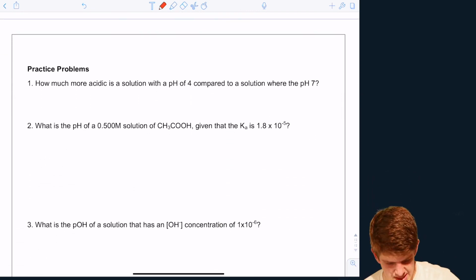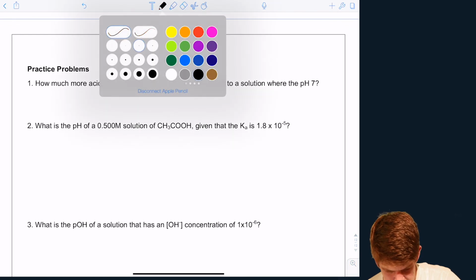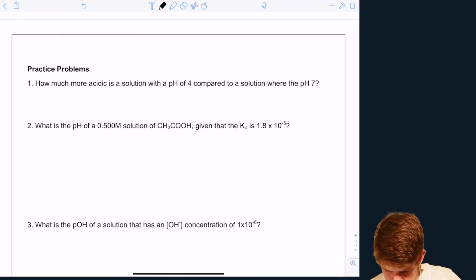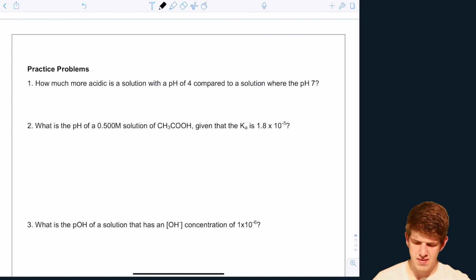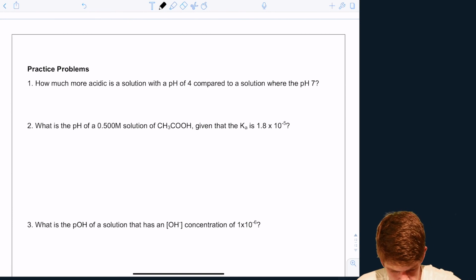How much more acidic is a solution with a pH of 4 compared to a solution where the pH is 7? So for this, what is our actual concentration of H plus ions?